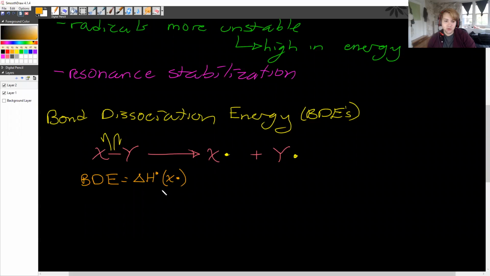To denote that we're talking about creating it, we denote it with F for formation, plus the amount of energy associated with forming the Y radical. All right, so we can put a nice big bracket around that. And we're talking about the bond dissociation energy of formation of the products.